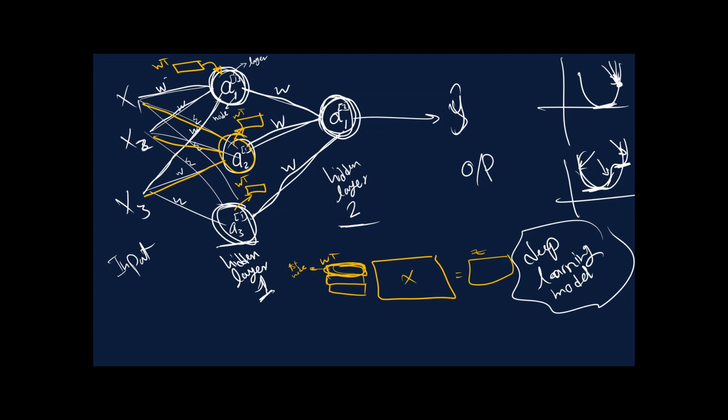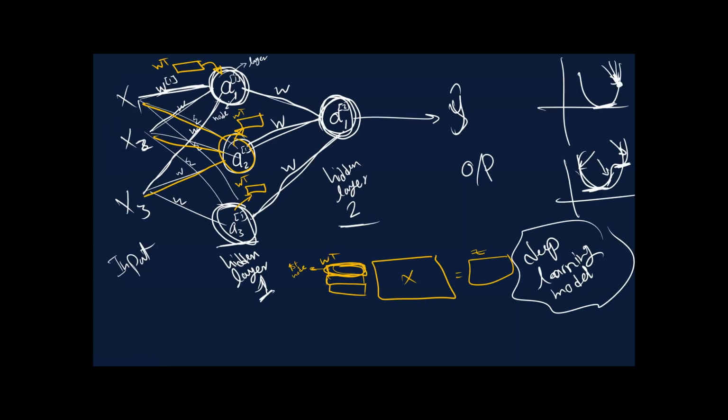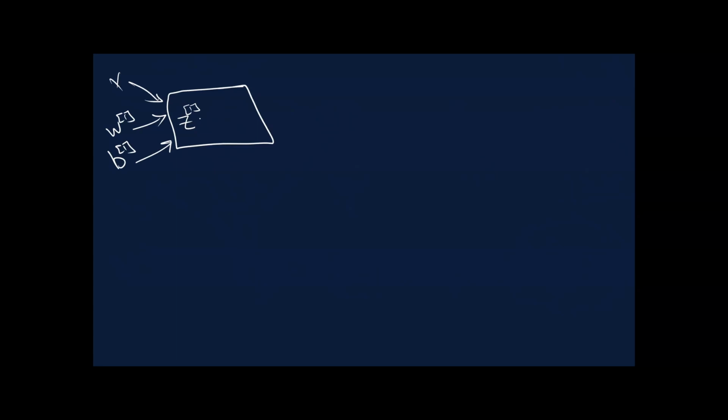So I will put W1, meaning that that's the weight going to layer one. And this bias is for the first layer. And then we'll have Z1. That's the Z in the first layer, which equals W1, of course it's transpose, but for simplicity I will just say W X plus B1.